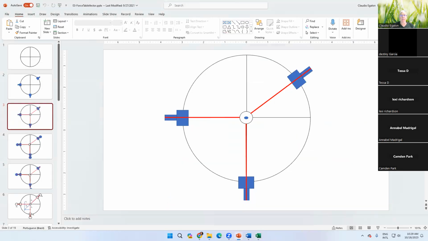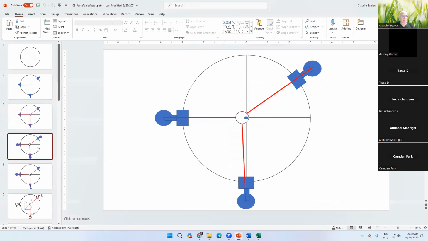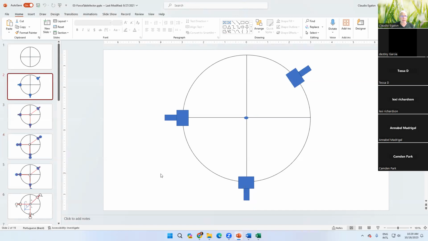So here we go. If the system is not in equilibrium, the ring is going to be displaced. And there is a pin here in the middle of the table to ensure that the ring doesn't move away. Now see the illustration here of the pulley, right? That's the clamp and that's the pulley.